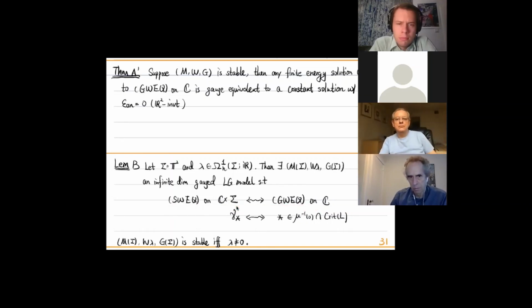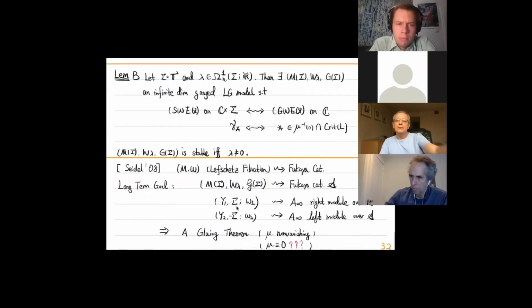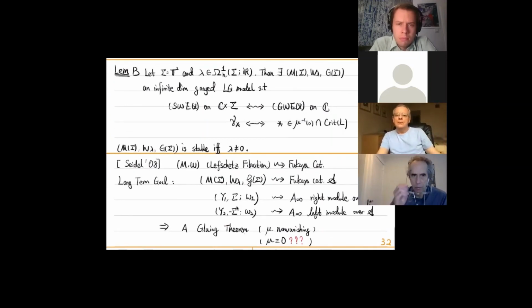But I also think maybe this picture should have other consequences. So let me give you a proposal here. Recall that a Morse LG model is also a Lefschetz fibration. So by the work of Paul Seidel, you can construct the Fukaya category of this Lefschetz fibration. And this Fukaya category is generated by a bunch of thimbles.